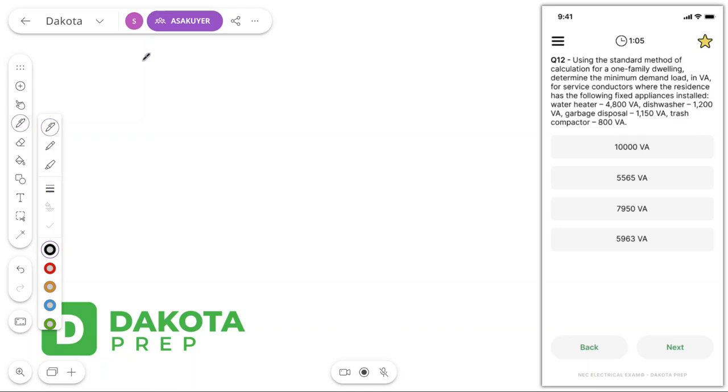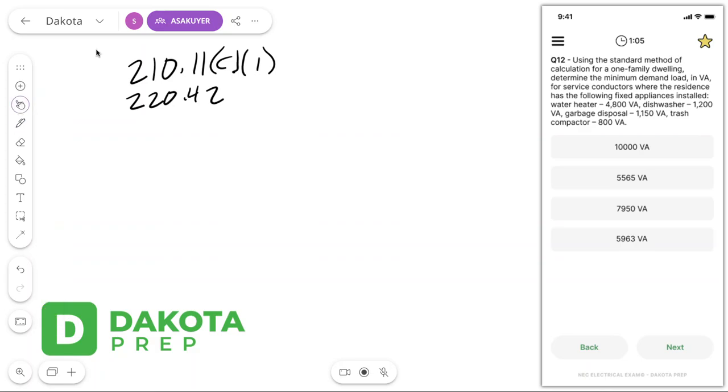Is that correct? I believe it is, 210.11 C1, and also referenced in 220.42. That's our 3 volt amps per square foot, right? So if your appliance is just sitting on the counter and plugged in, and you can move it to another counter and plug it into another plug, then it's covered in one of these.